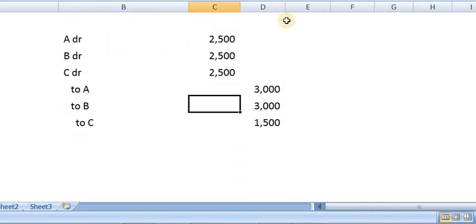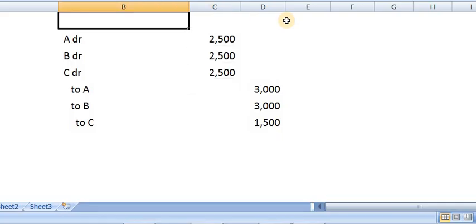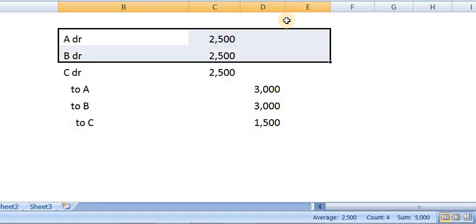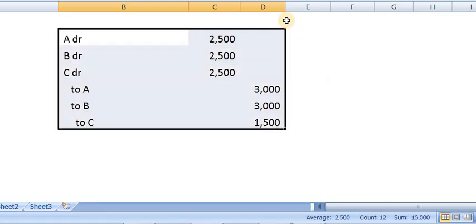We are giving them this and taking out 7,500 and redistributing. Did you understand this journal entry? In this entry, what we are doing is to take out 7,500 and redistribute. That's all.